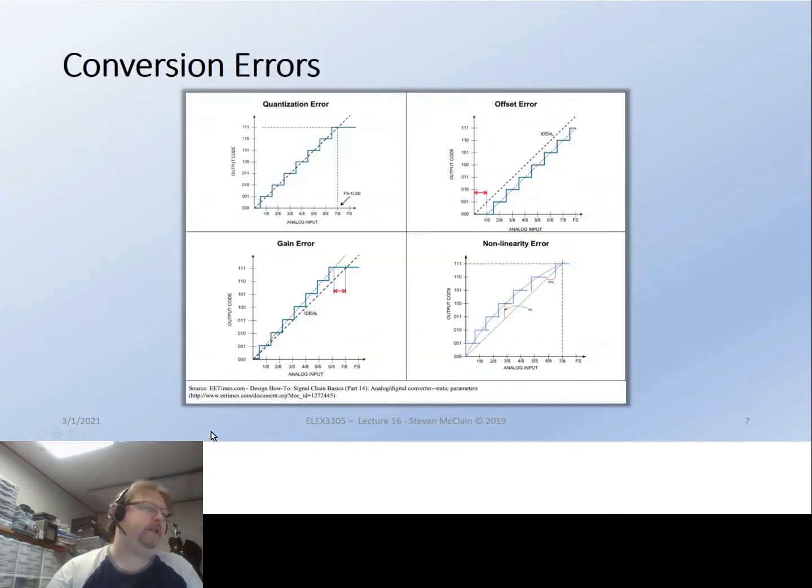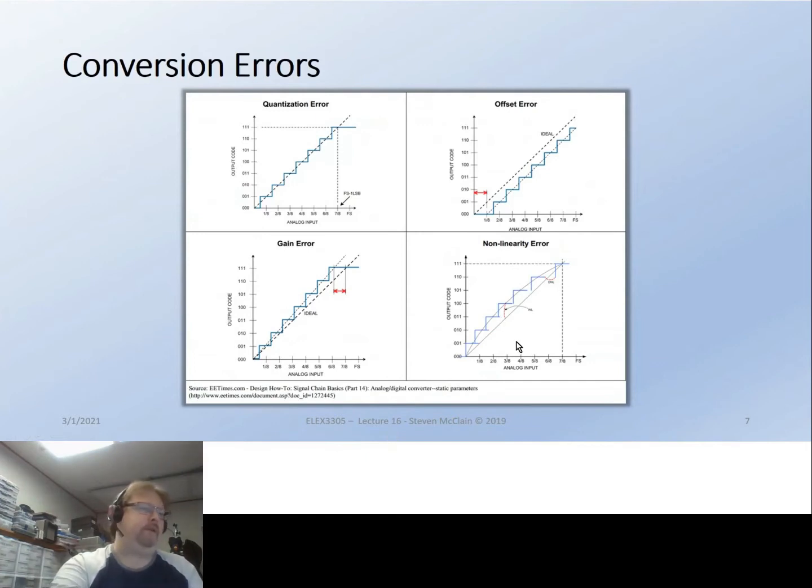Okay, there are a bunch of different types of errors you can get. Quantization errors, like the offset error, where your reference is out a little bit, and so everything's just shifted. You can get some gain error where it starts to diverge, and you can get various other nonlinearities and things like that.